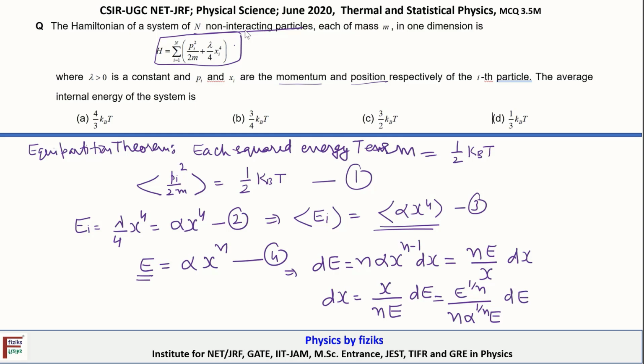After rearranging all these terms, this comes out to be equal to some constant k, where I am absorbing n alpha power 1 by n in the constant k, times E power 1 by n minus 1 dE, where k is simply a constant, k equal to 1 divided by n alpha power 1 by n.